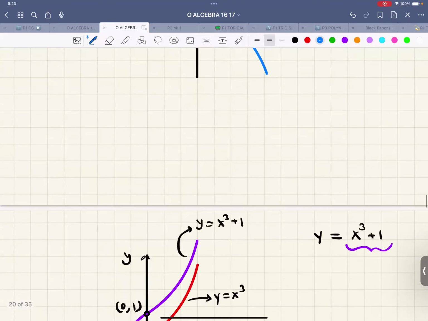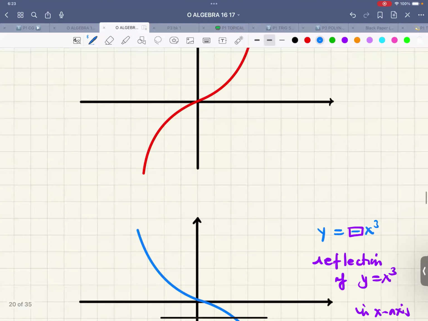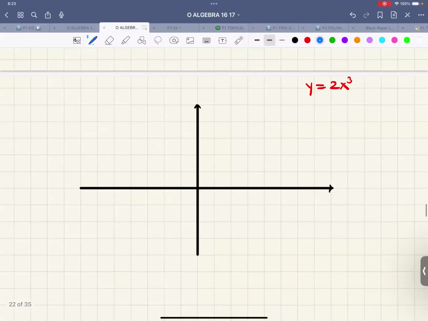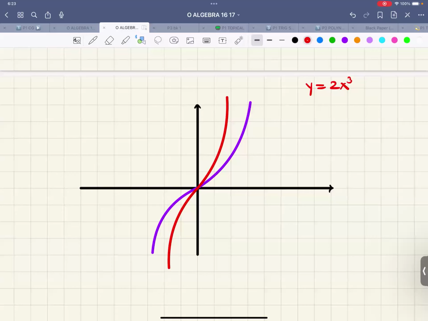Now the original one, that's right over here. So I can draw another one. The original y equals x cubed, black marker. And this time I'm drawing the original one in purple color. So that's the original one, and 2x cubed, the reddish one, that is steeper, like this. So this is y equals x cubed.